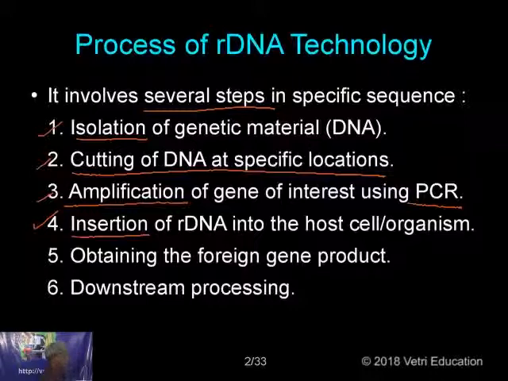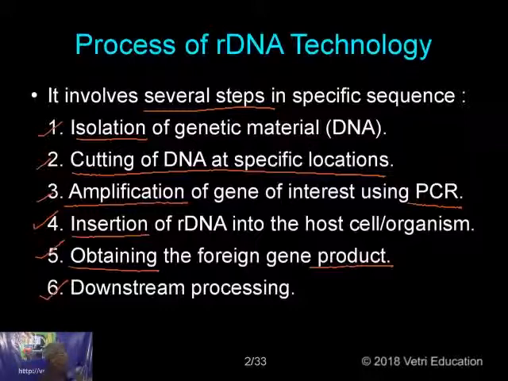Insertion is the fourth step. Obtaining the foreign gene product is the fifth step. Then downstreaming process. That is the last one. Okay, so these are the 6 steps involved in the rDNA technology.